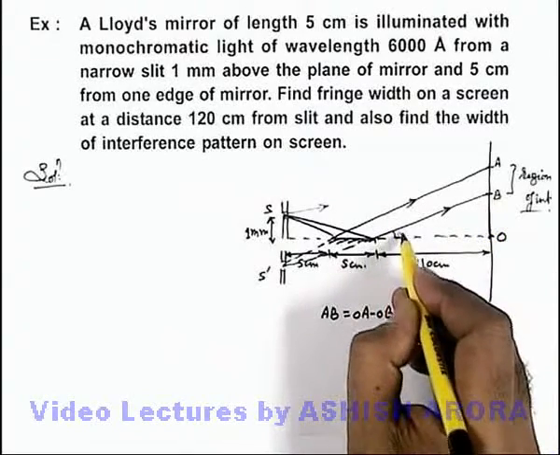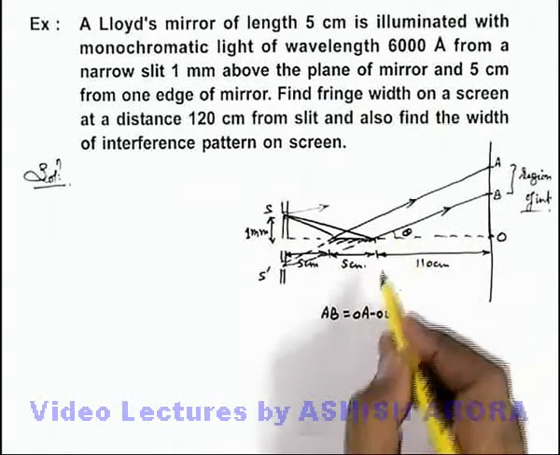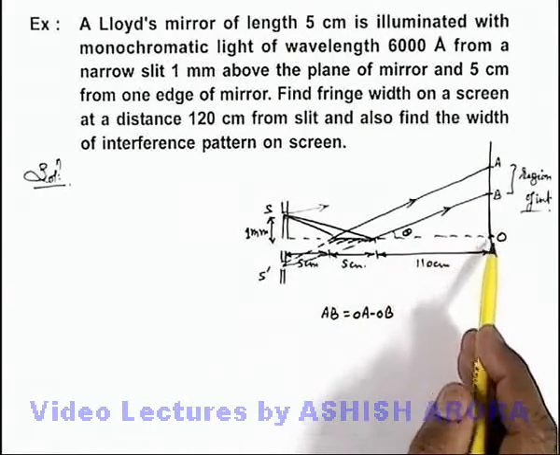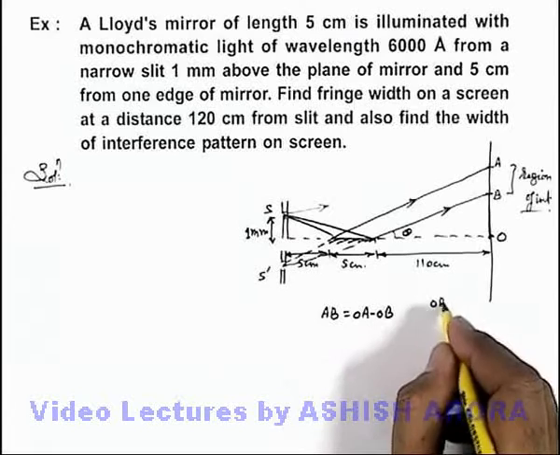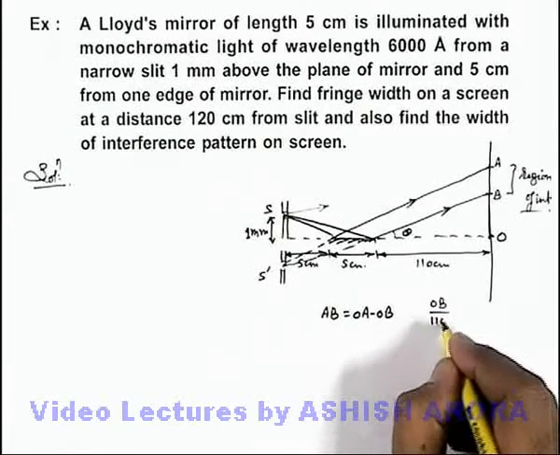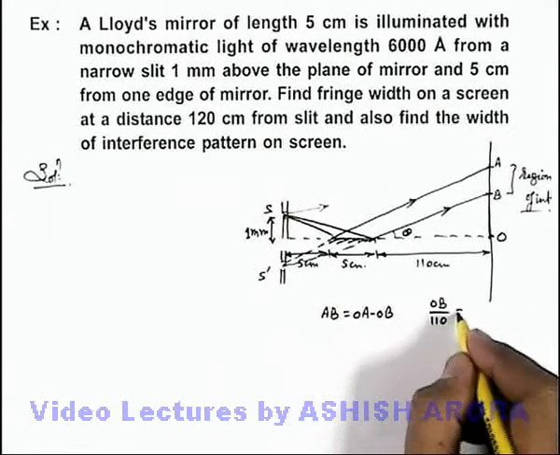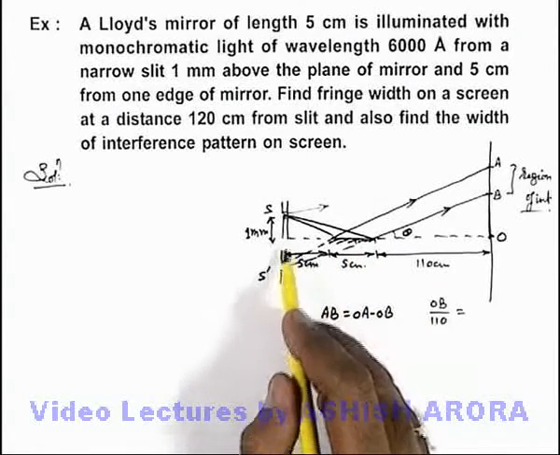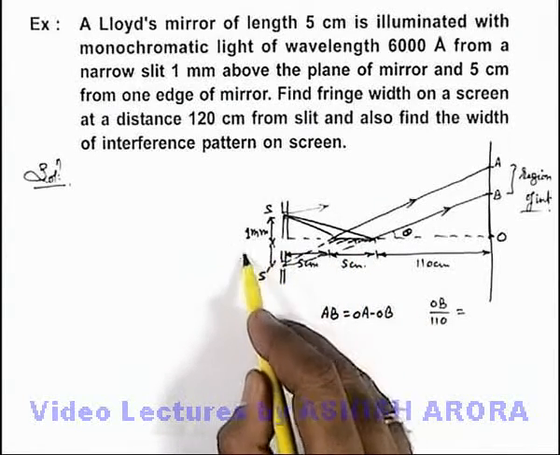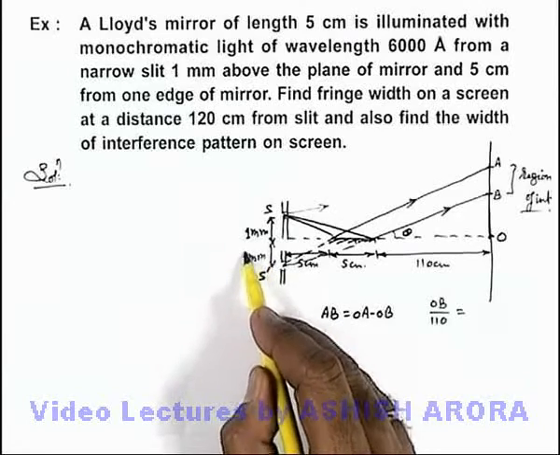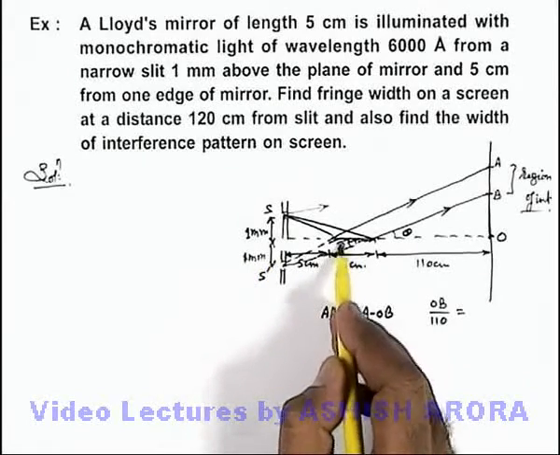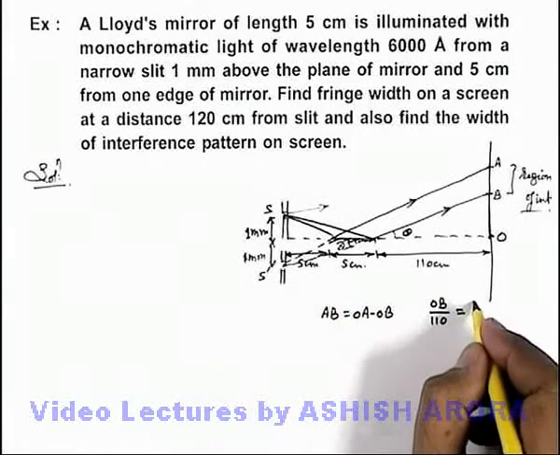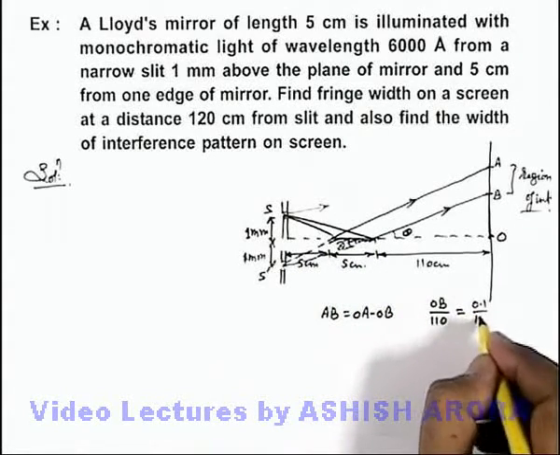In this situation here we can use this length is OB. If this angle I consider as theta, for this triangle we can write OB by 110 centimeter must be equal to 1 mm divided by 10 centimeters, since this angle is also theta, so this is 0.1 by 10.